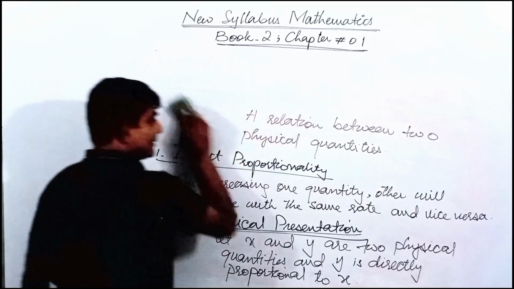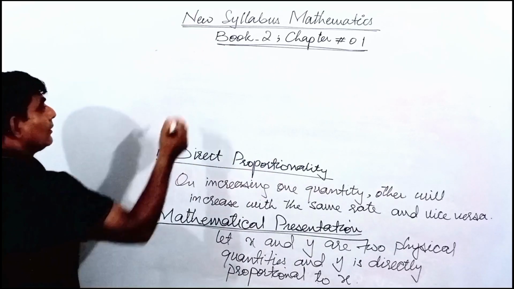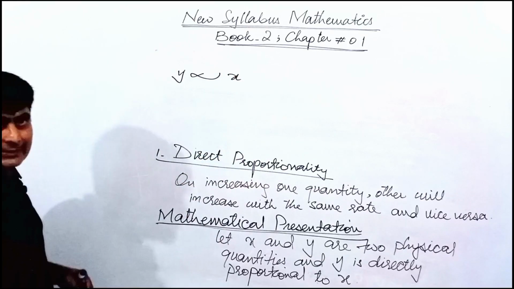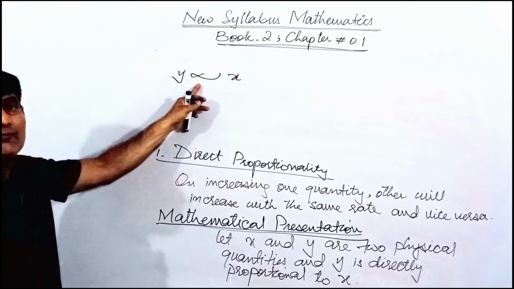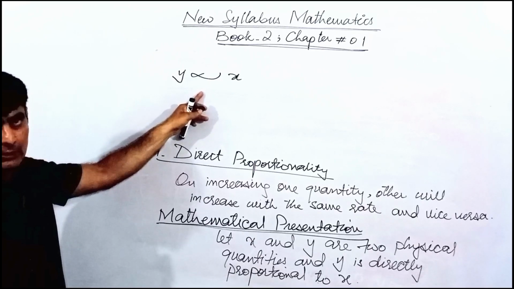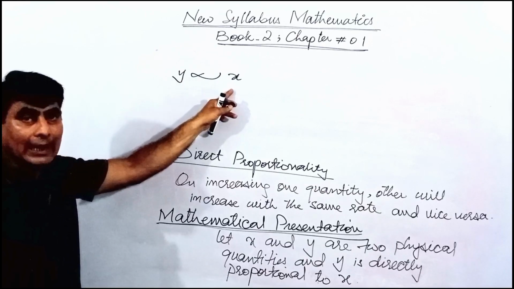Like this: y is directly proportional to x, using the sign of proportionality. For inverse and for direct, we use the same sign. y directly proportional to x.